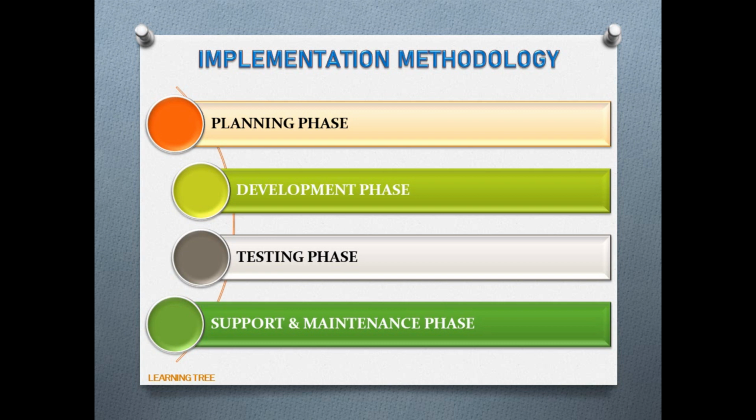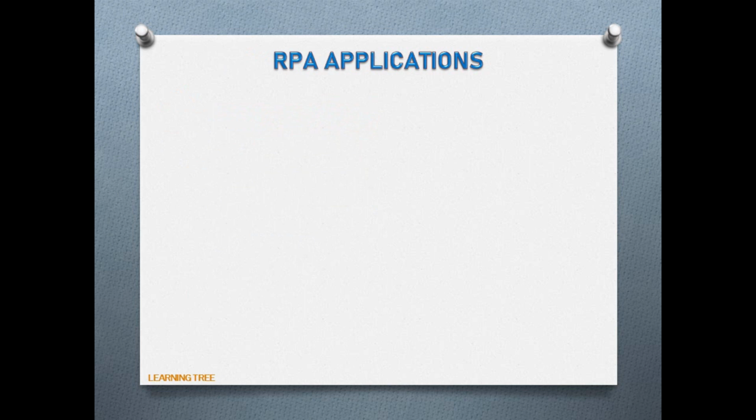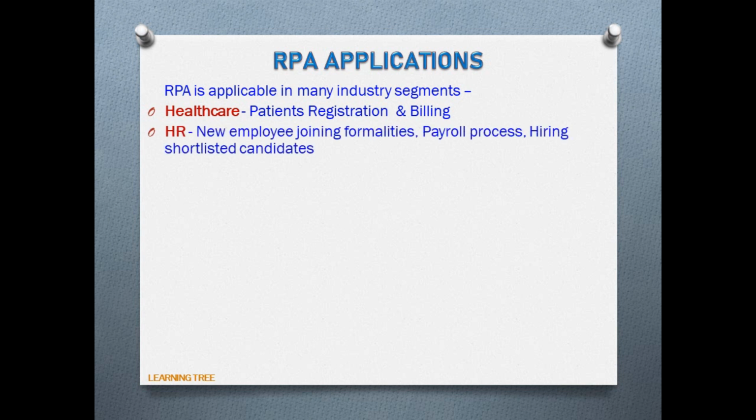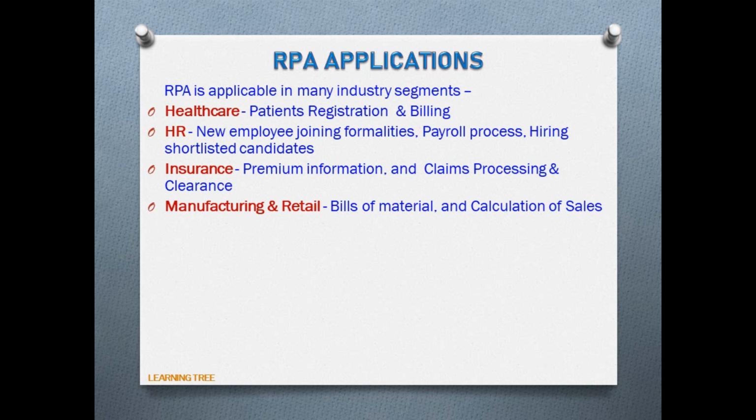Now we will discuss various applications of RPA. RPA is applicable in many industry segments. Number 1, healthcare: patient registration and billing. Number 2, HR: new employee joining formalities, payroll process, hiring shortlisted candidates. Number 3, insurance: premium information and claims processing and clearance. Number 4, manufacturing and retail: bills of materials and calculations of sales.